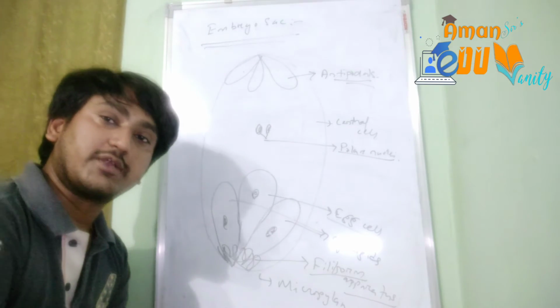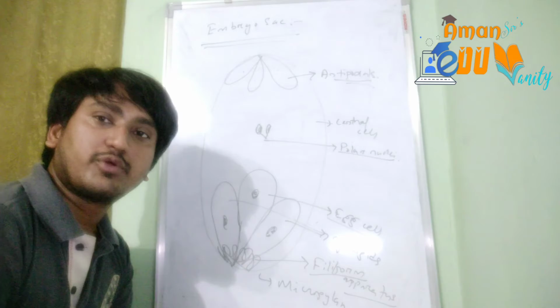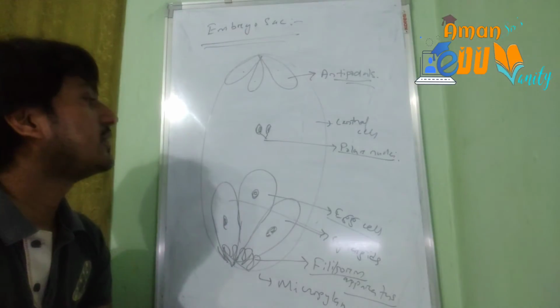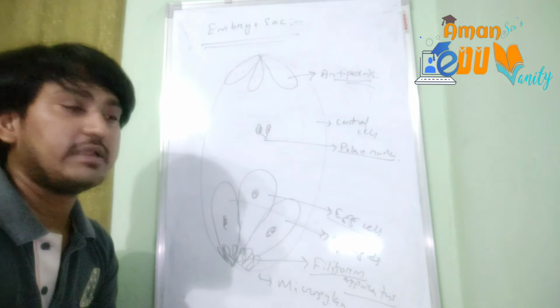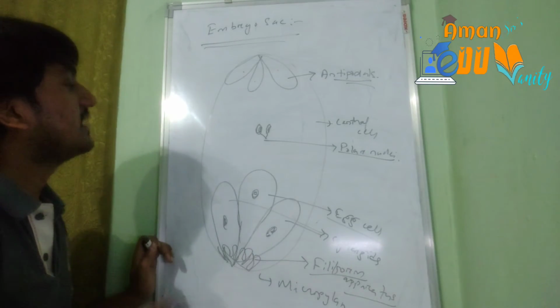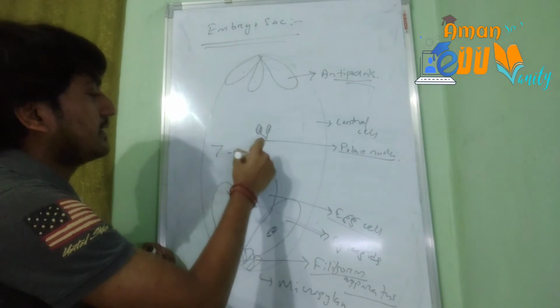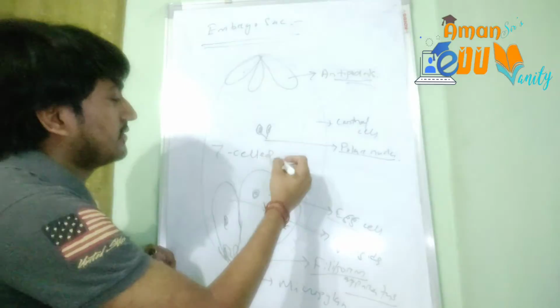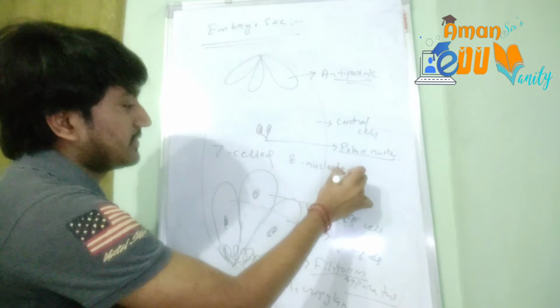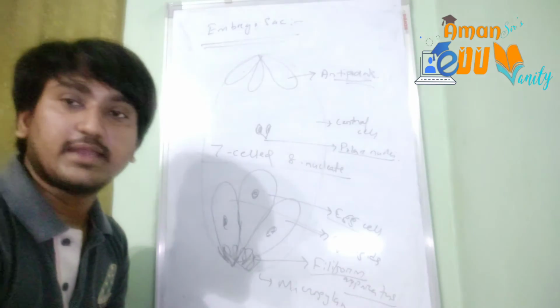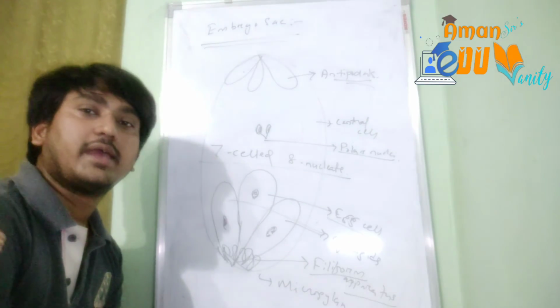Then out of the tetrad, one megaspore remains functional, and that megaspore develops into a mature embryo sac or a female gametophyte, which is a 7-celled 8-nucleate female gametophyte or the embryo sac.